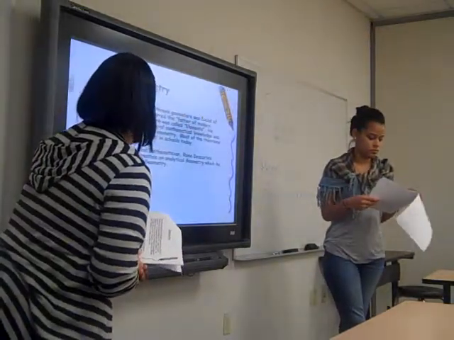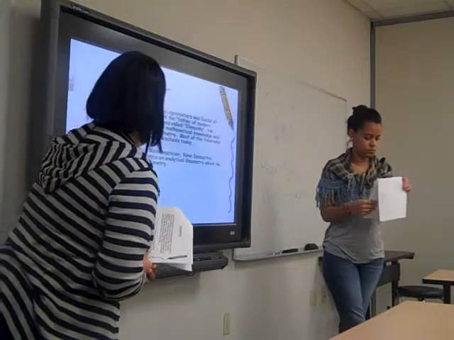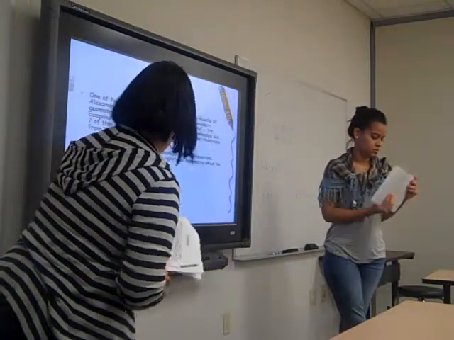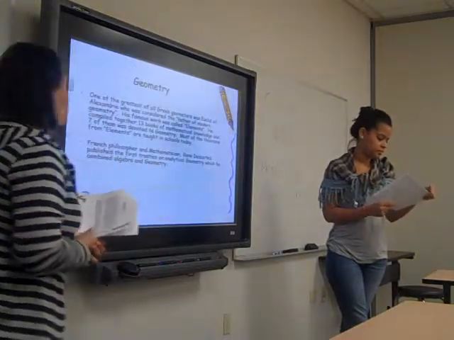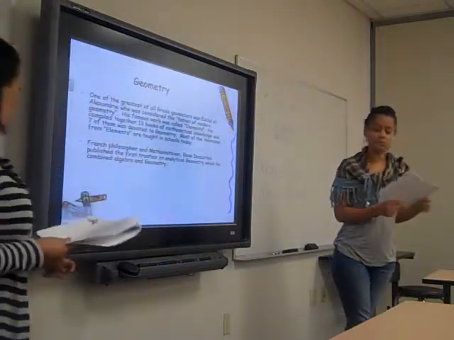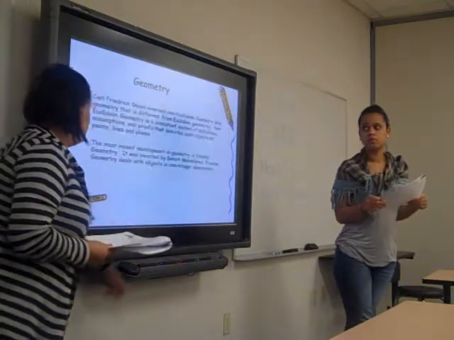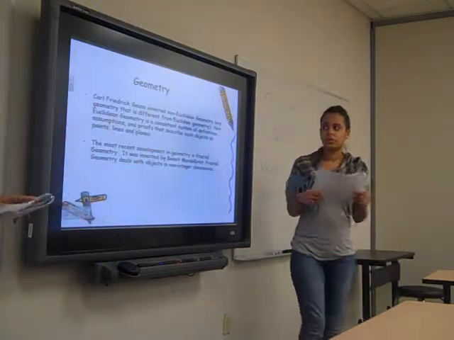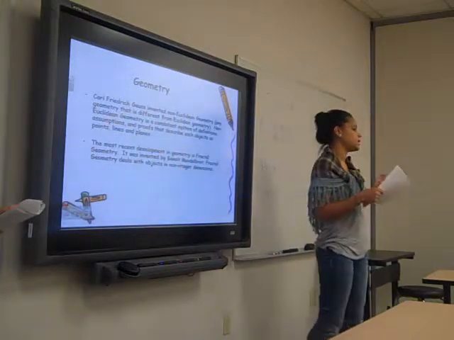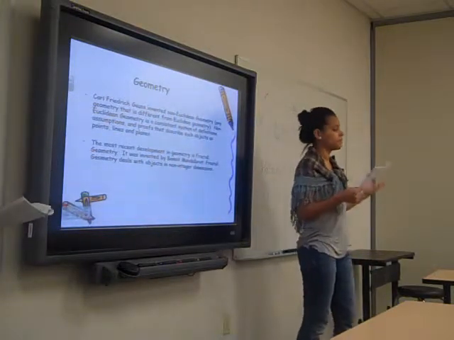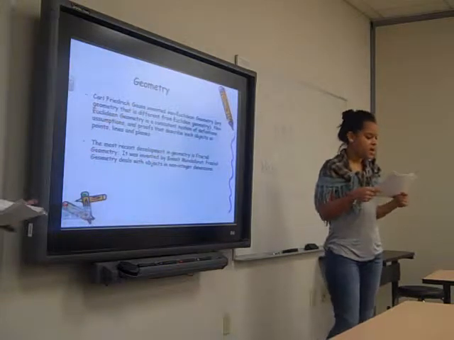French philosopher and mathematician René Descartes published the first treatise on analytical geometry, in which he combined algebra and geometry. Carl Friedrich Gauss invented non-Euclidean geometry, which is any geometry different from the Euclidean geometry.